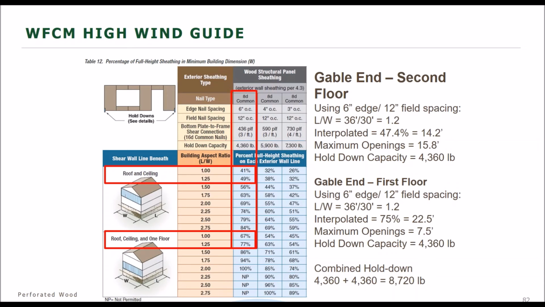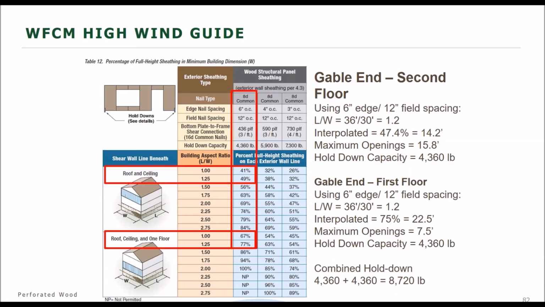And again, just interpolating between the 1 and 1.25 aspect ratios based on our aspect ratio of 1.2, we see that we have to provide a full height sheathing of 14.2 feet. That means that on our 30-foot wall, we're allowed to have 15.8 feet of openings. And the hold down capacity is again 4,360 pounds.